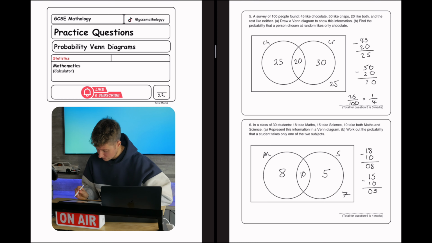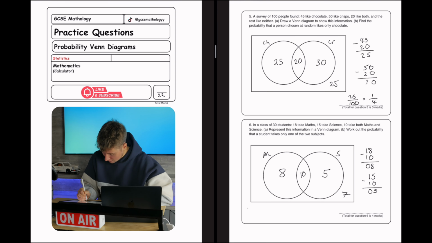So work out the probability that a student takes only one of the two subjects. So one of the two subjects means the probability of someone just taking maths plus the probability of someone just taking science. So when we look at the OR rule, we add, and when we look at the AND rule, we multiply.